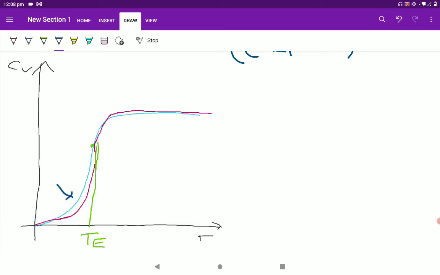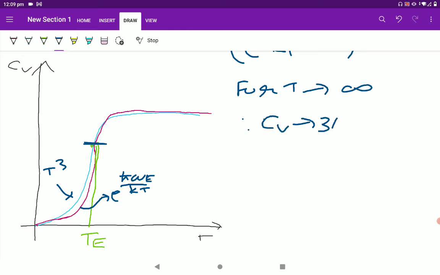This is the T cubed curve, and here they are equal. At higher temperature, that is for T tending towards infinity, the specific heat is close to 3R, that is 3 k N_A.